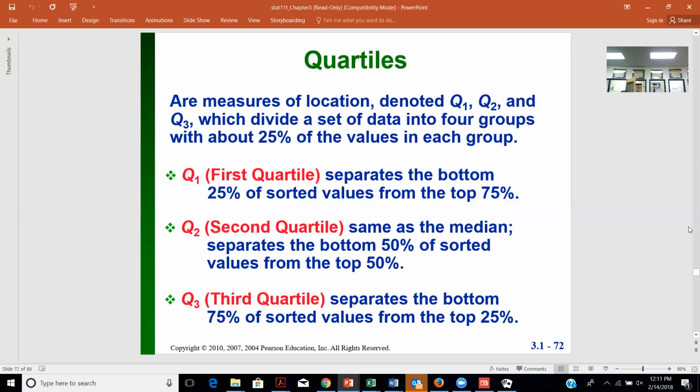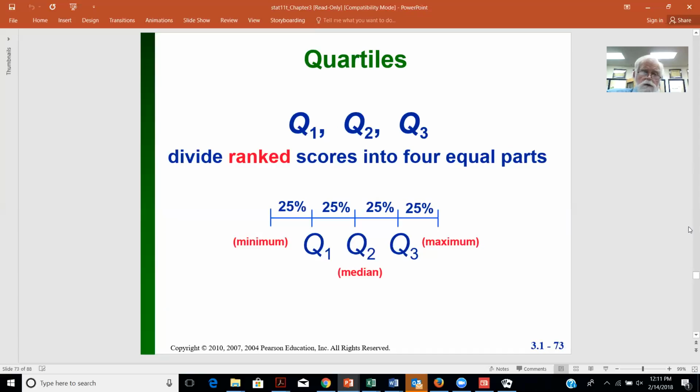But box plots don't have to be, nor does the distribution have to be perfect.